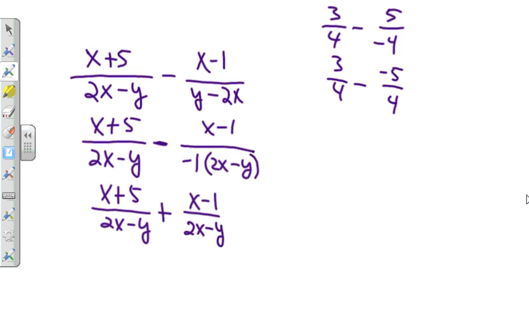Yeah, I could have changed the sign, but I realized I had a factor of -1 and then I would have a like denominator, so you could go ahead and do that. So where did the -1 come from?